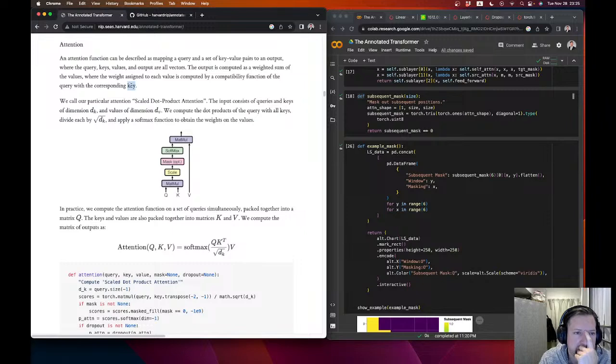Each value has a key, and this is not like a scalar, but more like a multidimensional key for each value, and then the query. So for each value you've got this complex list of numbers as a key, and the query can be quite complex, and then when it fits, you get that value.